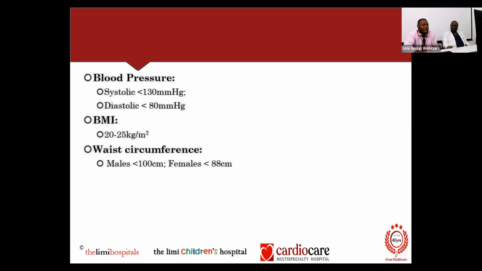Then the BMI target is within 20 to 25. That's a very stringent control, but for diabetics you have to make all these stringent rules so that you improve their cardiovascular health and glycemic control in the long term. And for waist circumference, aim for less than 100 in males and less than 88 in females.